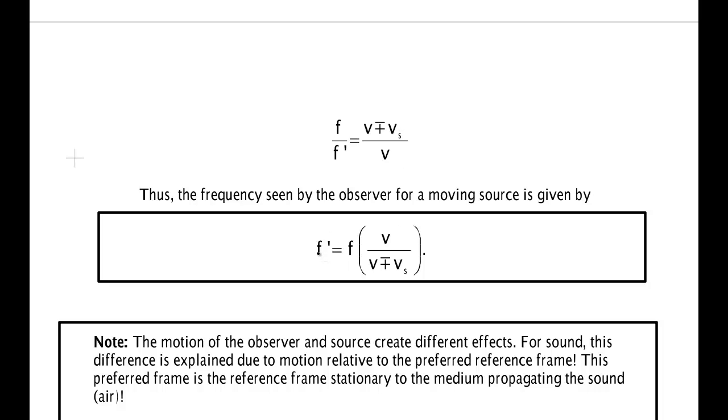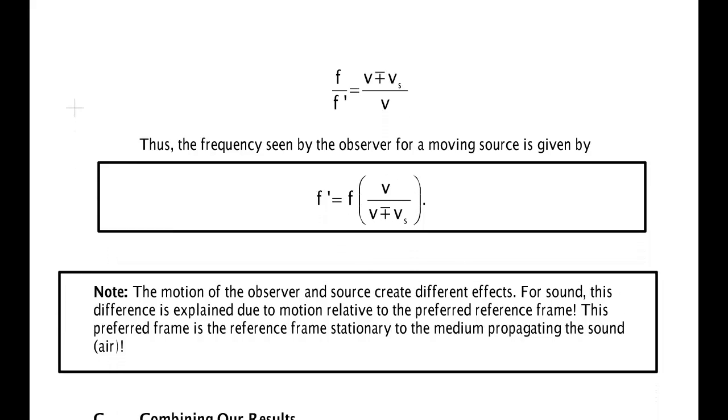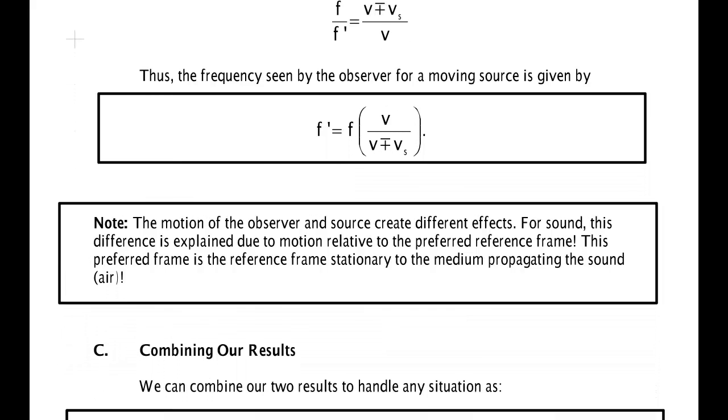So the new frequency over the old frequency depends. Notice that the formula is different depending on whether the observer moves or the source moves. Didn't we say that all motion was relative in physics? Well, it turns out that this formula obviously has a preference based on who's moving, and that's because the medium that carries the sound or water or other mechanical waves is a preferred reference frame.